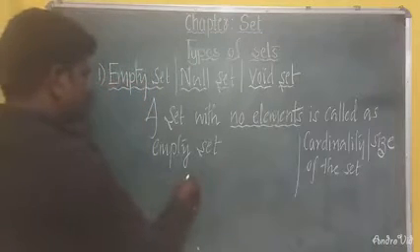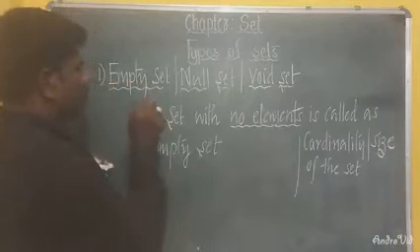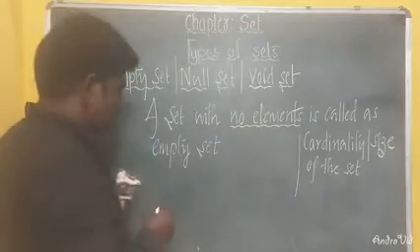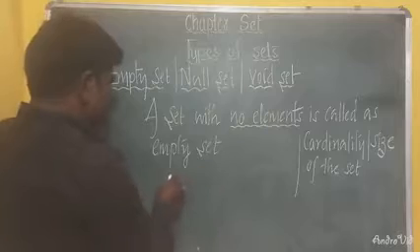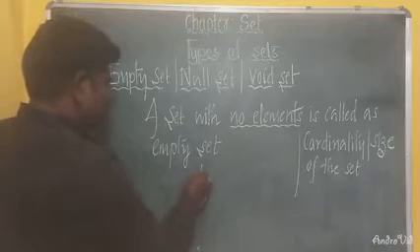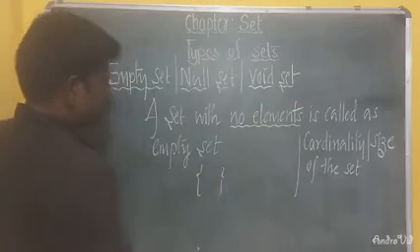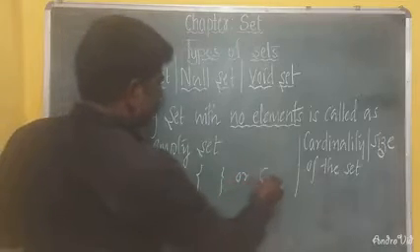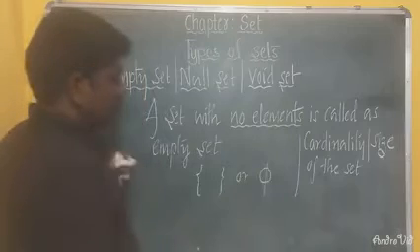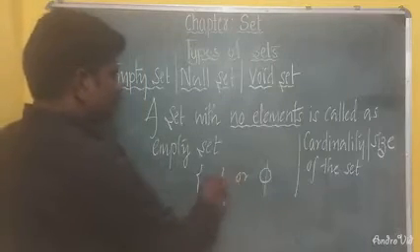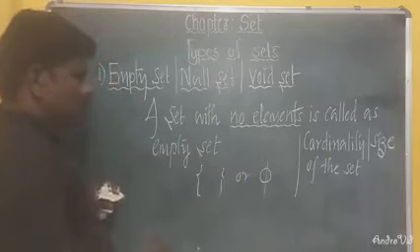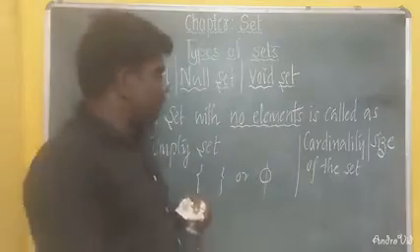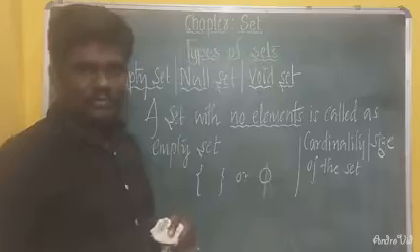Okay, so suppose I want to write an empty set, how am I going to denote that empty set? See, we can denote it by just writing the empty braces like this, or we can use a symbol like this, that is phi. These are the only two notations to represent the empty set.